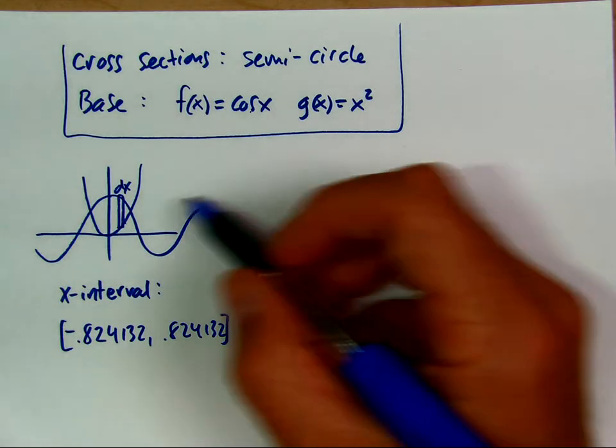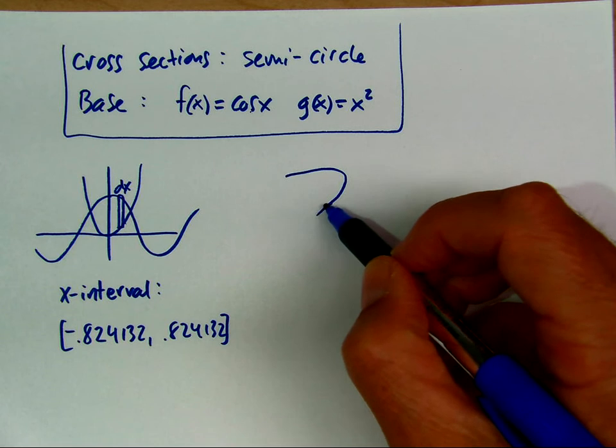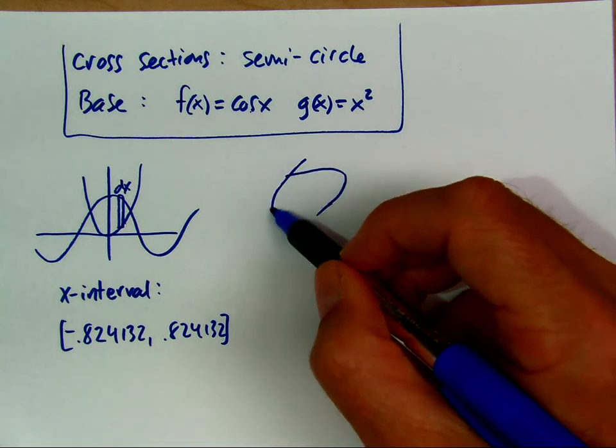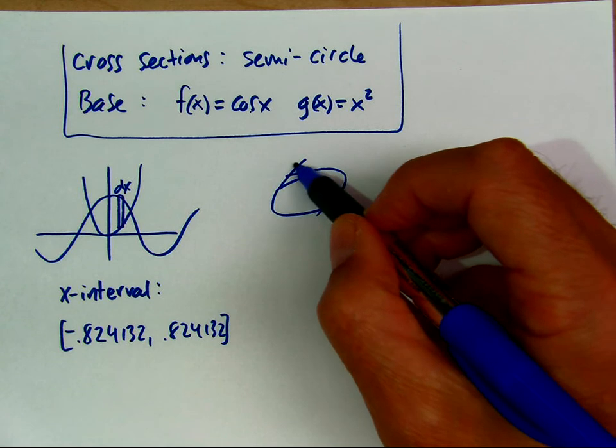So the same thing is happening here. If we have the cosine and parabola, then we have cross sections that are semicircles.